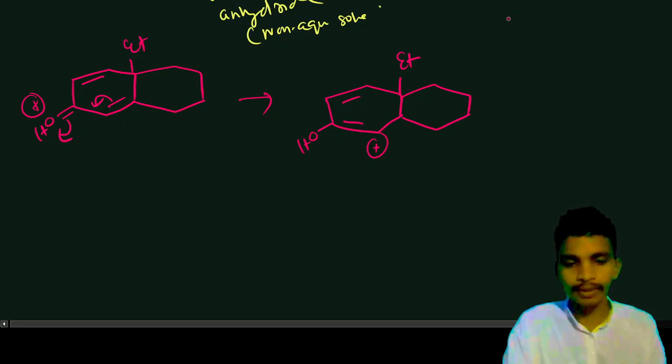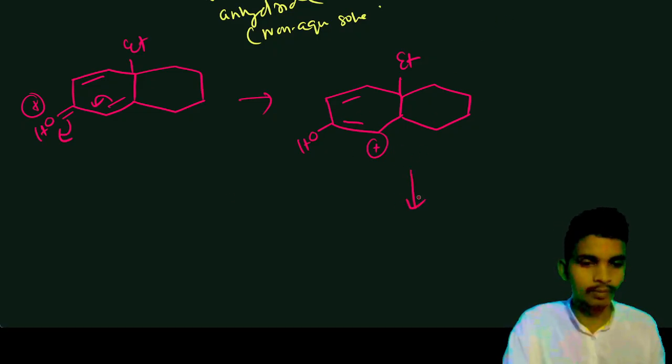Now what will happen? Here we have the positive charge. Now here we see that there is no group, and 1 2 3, 1 2 3. So here we can do it easily.